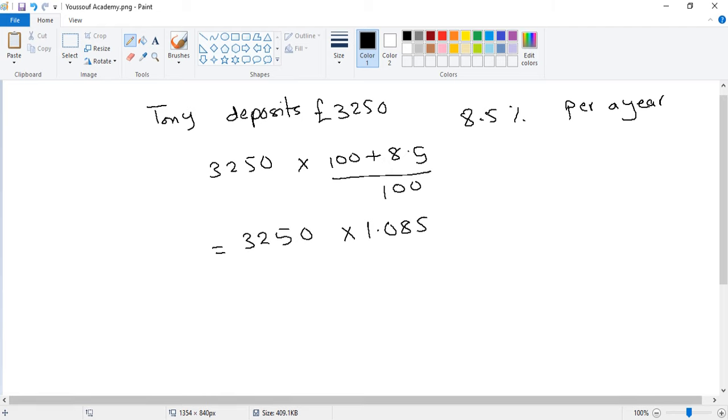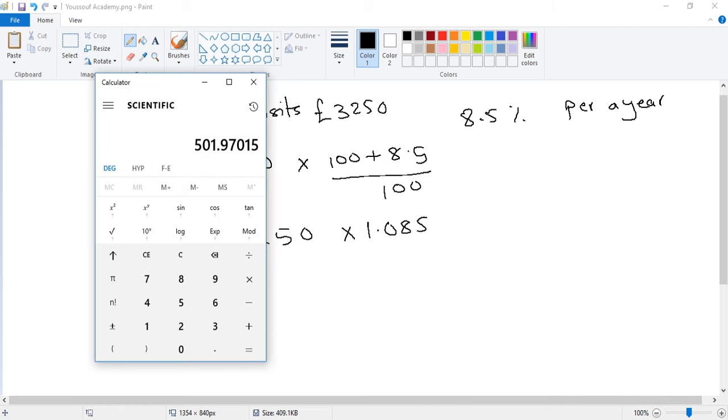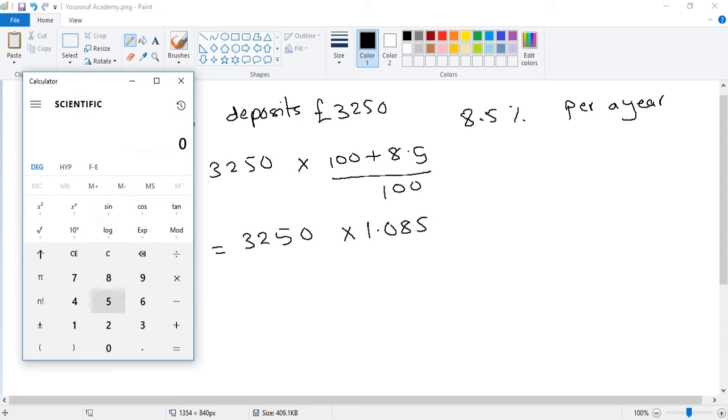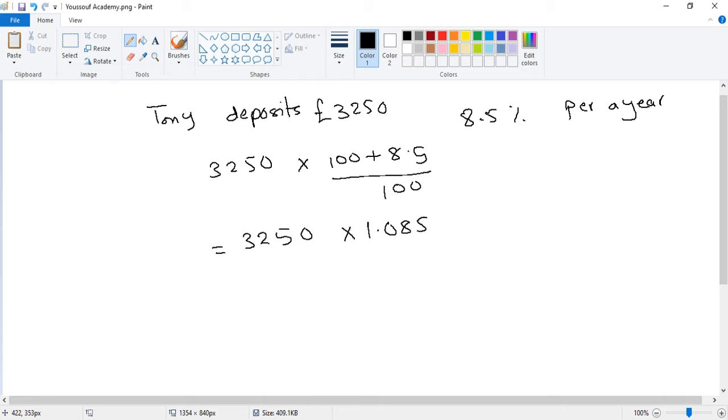Work it out, it will be 3,250 times 1.085, and the answer is, at the end of the year, Tony will get 3,526.25 pounds.